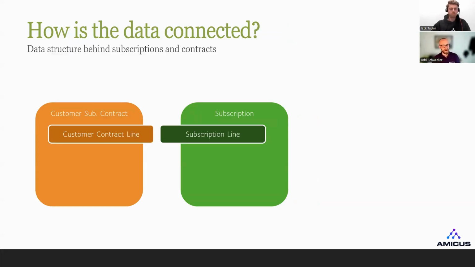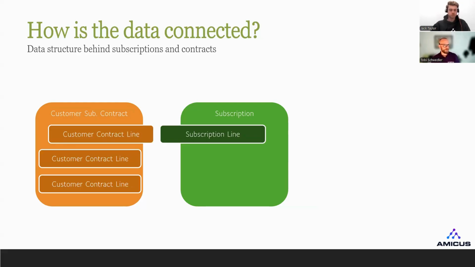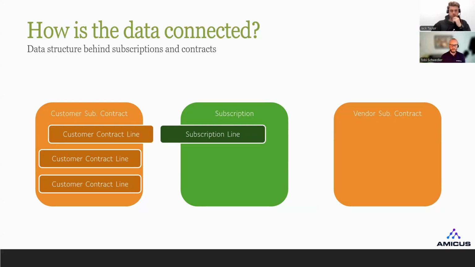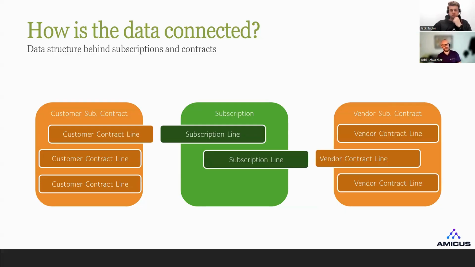You can assign a subscription line or a subscription to a customer contract, but the contract itself can also have multiple lines, coming out of multiple subscriptions. And these multiple subscriptions could also belong to a vendor side.